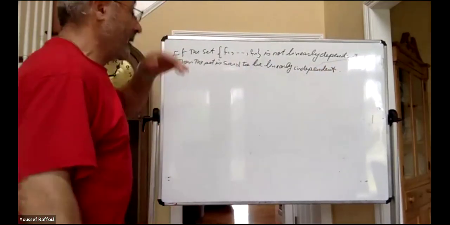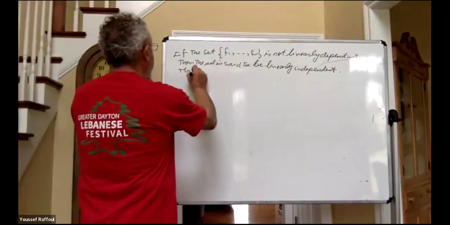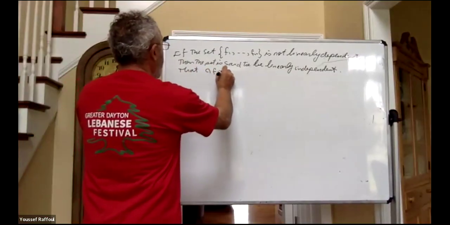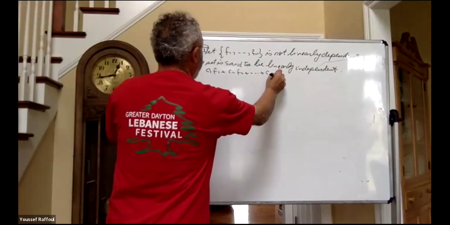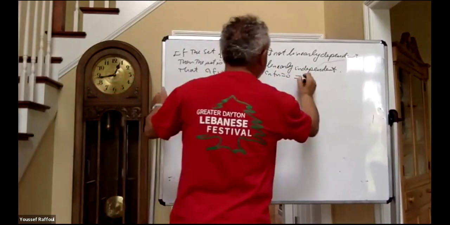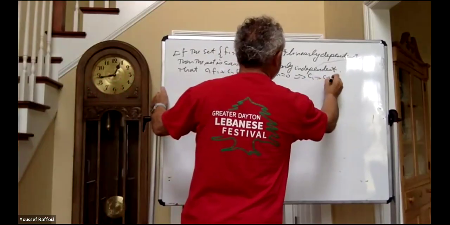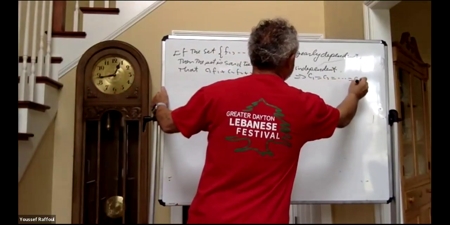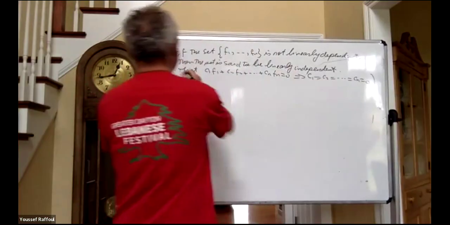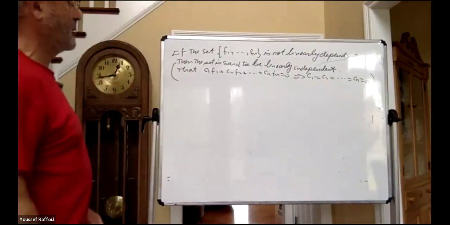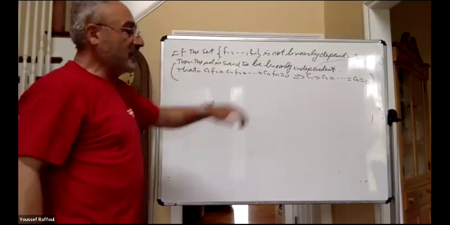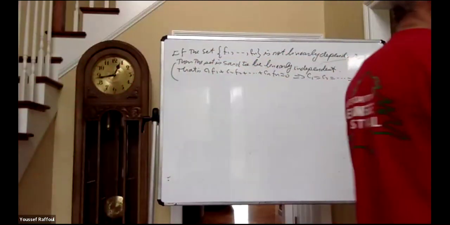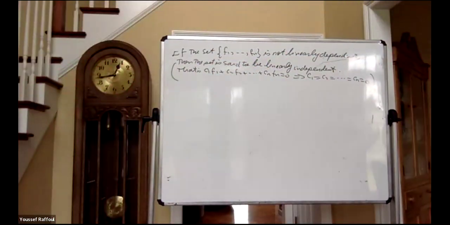Okay? That is c1 f1 plus c2 f2 plus cn fn equals 0 implies c1 equals c2 equals cn equals 0. This is what it means. Okay? If this is the case, then the functions are said to be linearly independent. Okay?